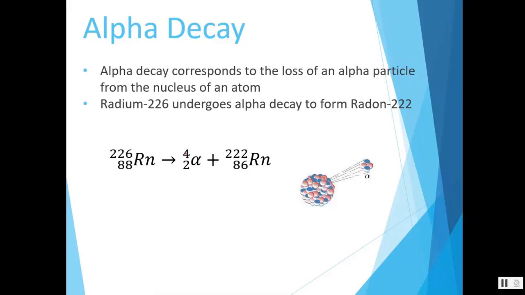It's going to be 2 protons, 2 neutrons in that positively charged alpha particle. Those 2 protons that we've lost mean that we only have 86 total protons in the atom, which means that we're not going to have radium anymore, but instead we'll have radon, which is Rn.